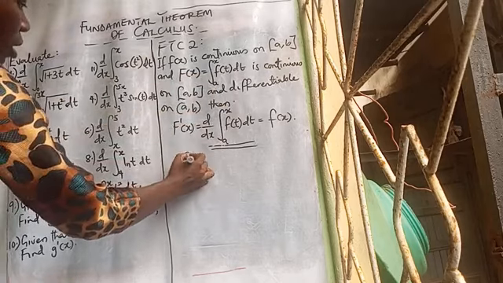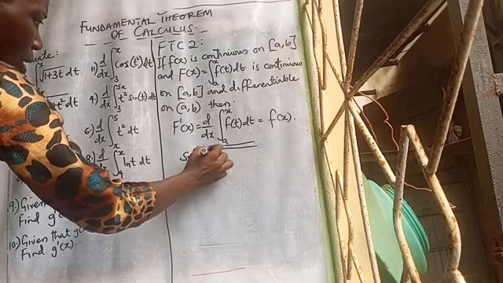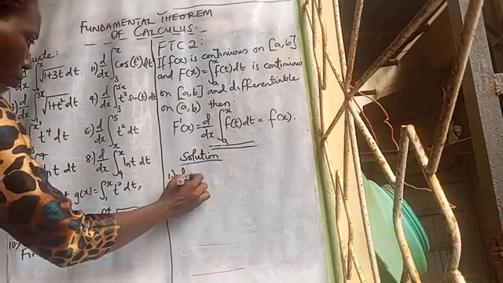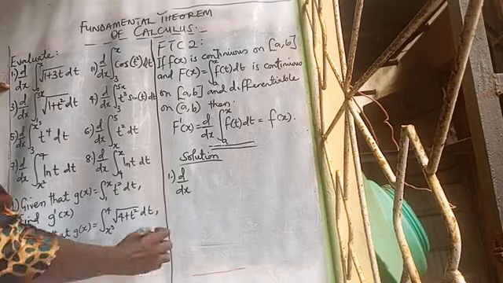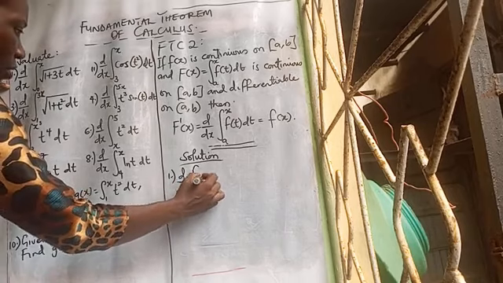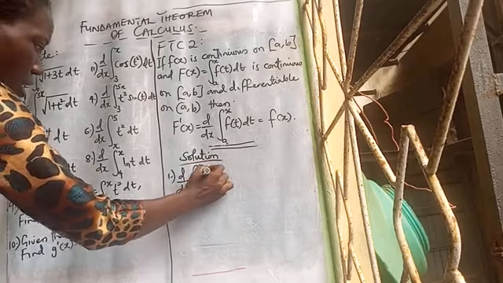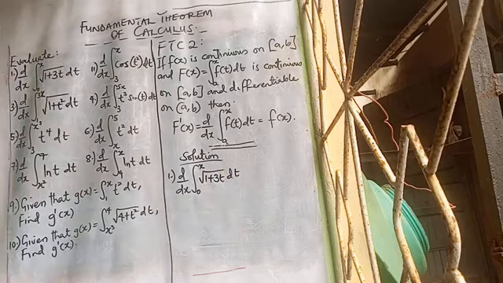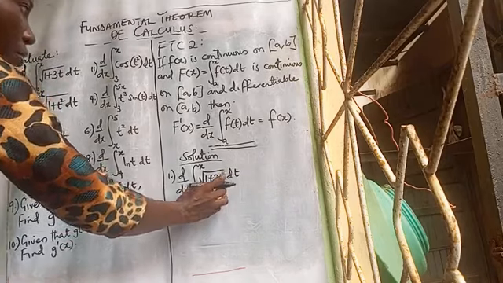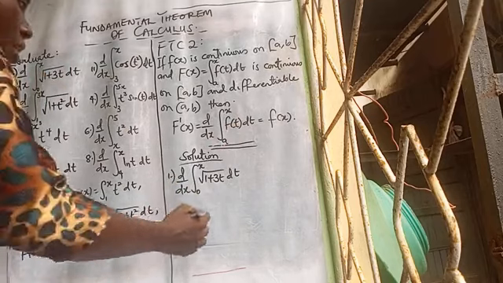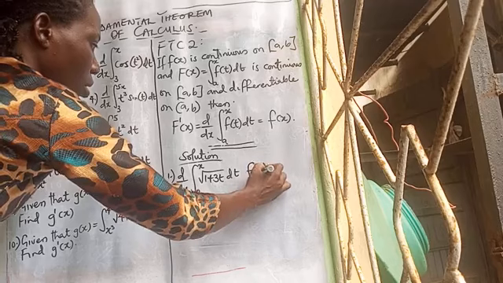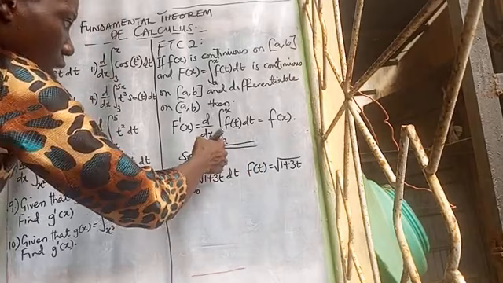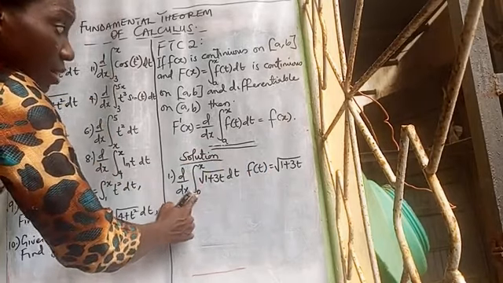Now, using this to solve our first question, d/dx of the integral from 0 to x of the square root of 1 plus 3t dt. If I put this into this directly, my f of t is what? The square root of 1 plus 3t. My a is a constant, and that is 0.